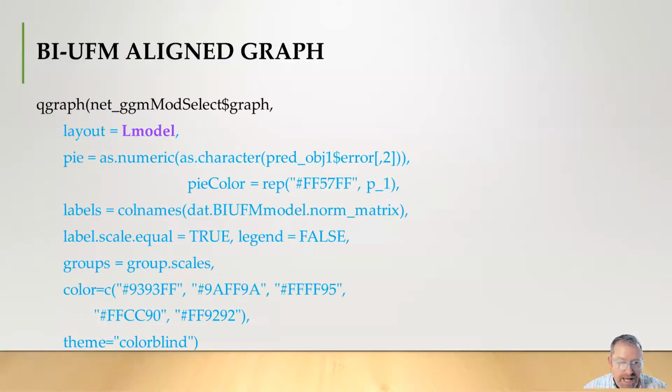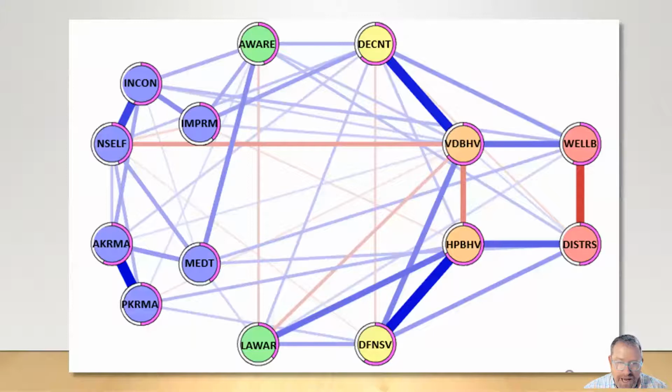And so you can get another graph. So instead of saying layout equals spring, you say layout equals that vector. And then everything else is about the same. And then you get this because you've now specified exactly where you want those nodes to fall.